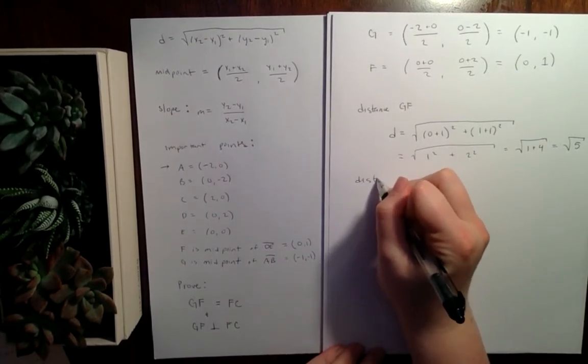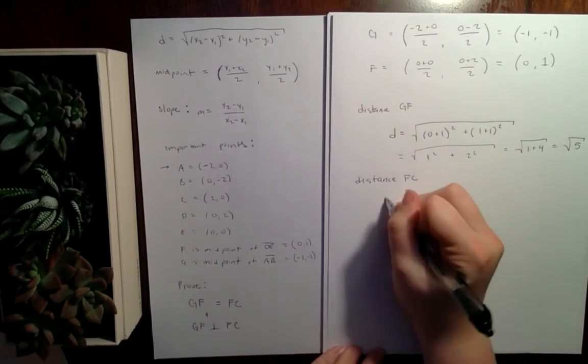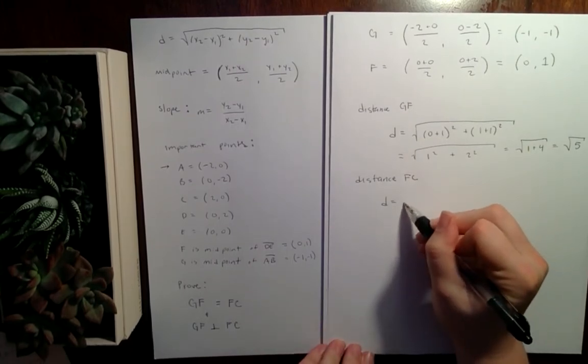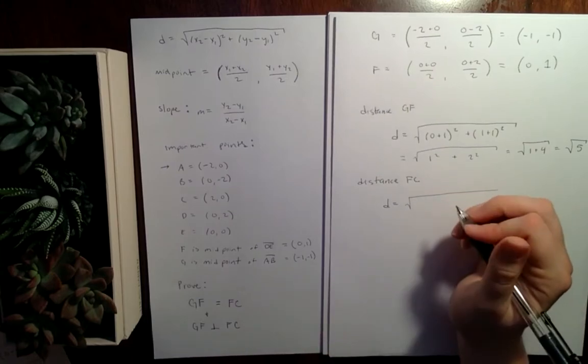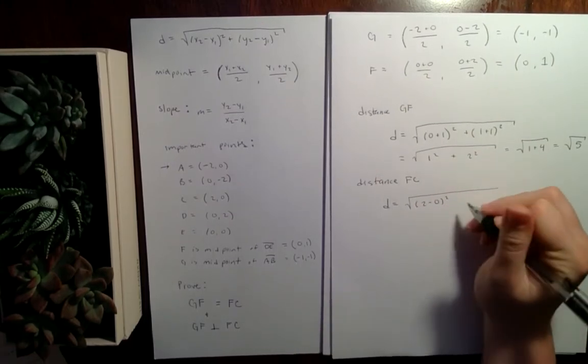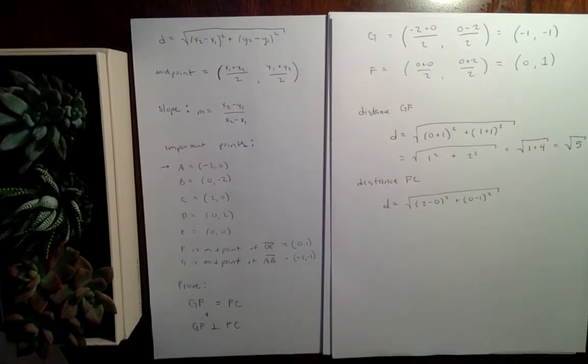And we are going to check that against the distance of FC. So here we have the distance, and we still have this big square root because of our formula. And we get 2 minus 0 squared plus 0 minus 1 squared.